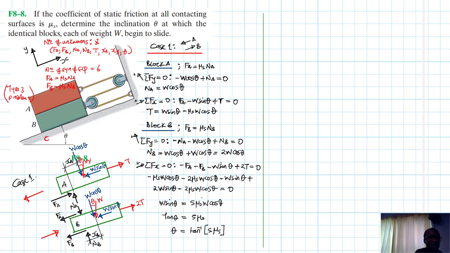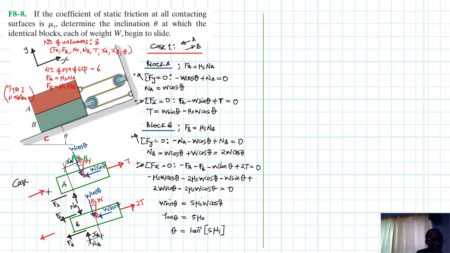It's not bad to check. So in the second case, we are going to assume, so in case 2, we are assuming movement like so, and then this one we are assuming movement like so, and then this arrow changes, friction changes here.